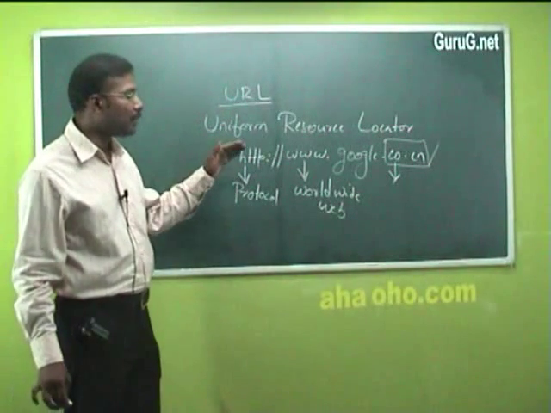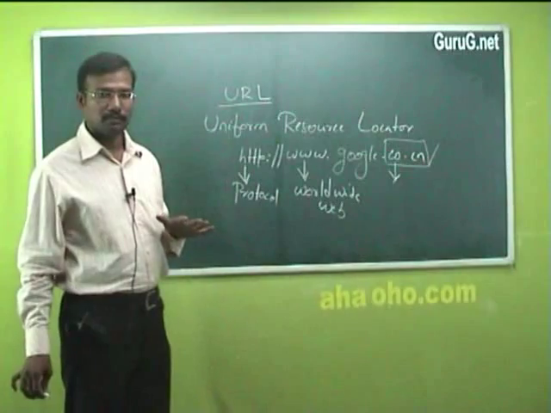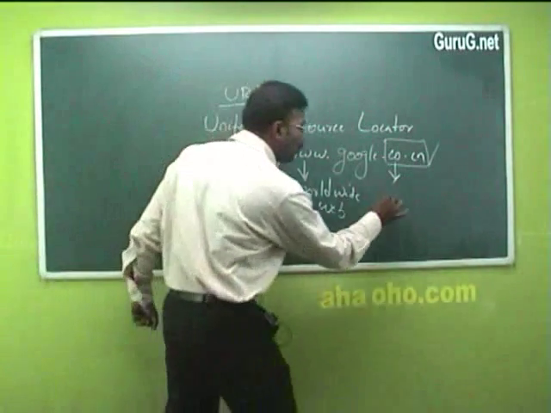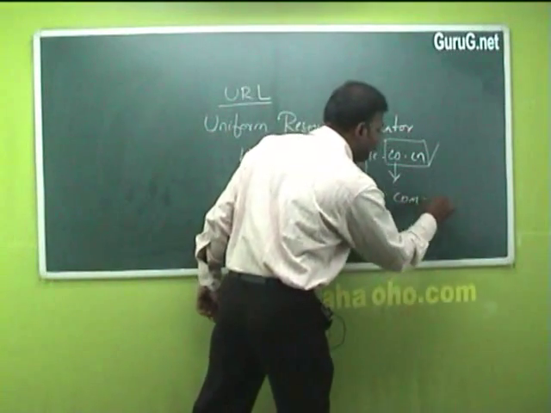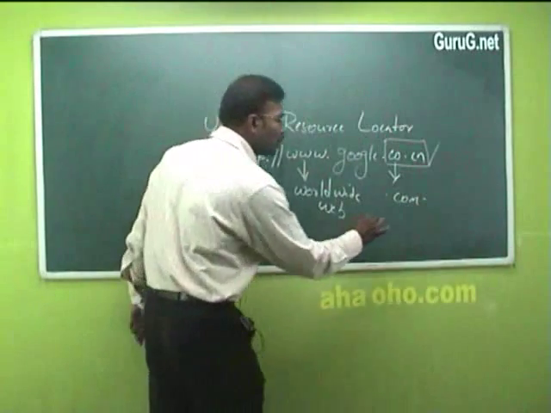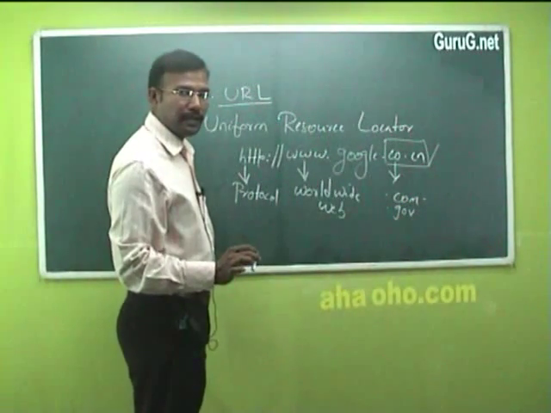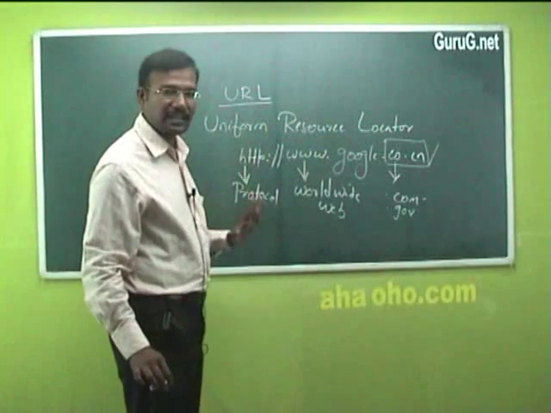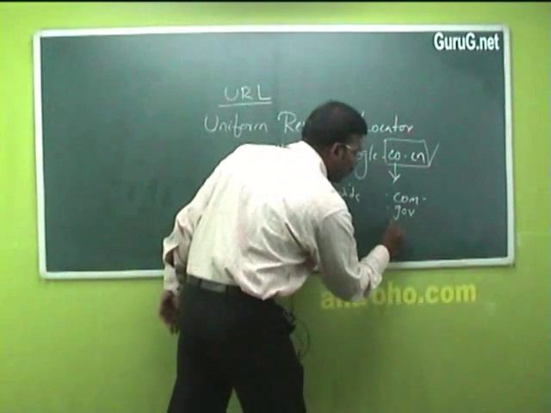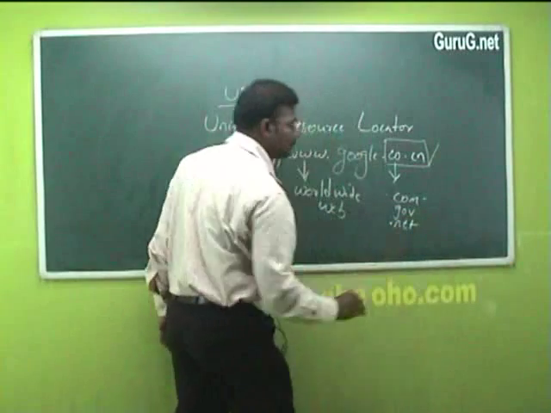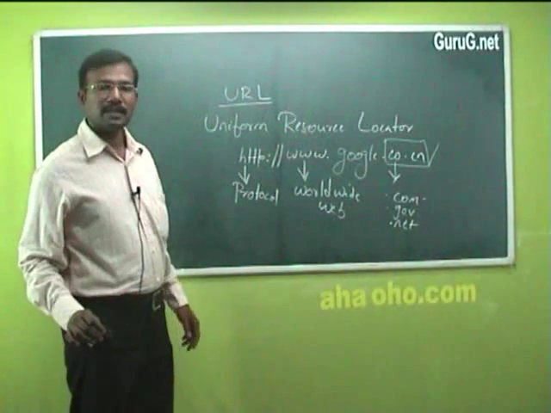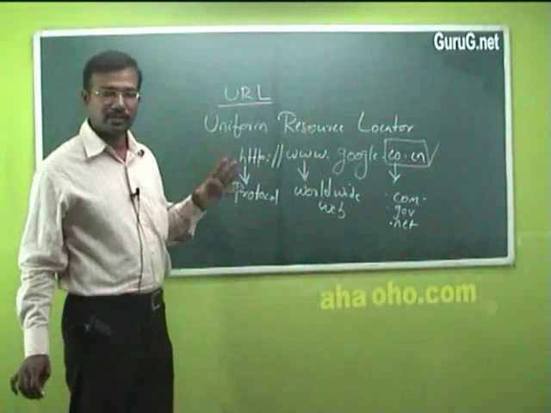Earlier we used to have www.google.com. That .com is for company, and .gov is for government. Similarly, you will have various classifications, and similarly .net is for internet service providers.